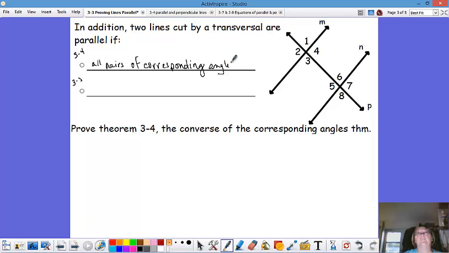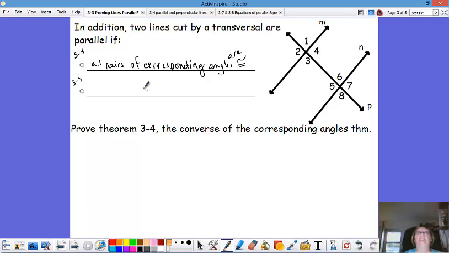As you think about this, there are no parallel markings here, but if somebody could show us that angle 1 and angle 6, which correspond, both of them are to the right of the transversal and above their lines, are congruent, then we can say the two lines M and N are parallel. Yesterday we had same side interiors and corresponding.